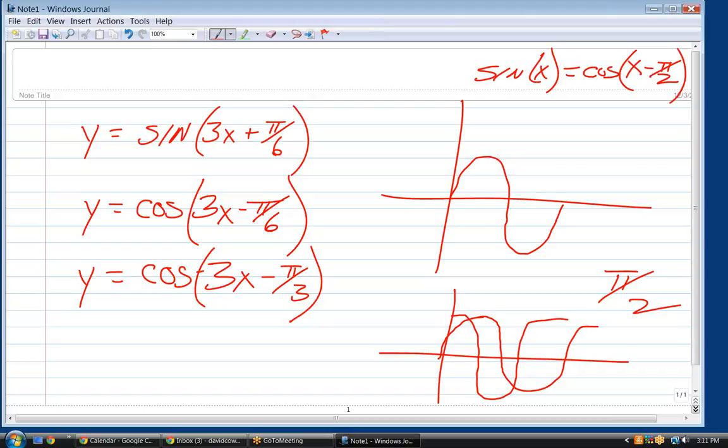Hold on a moment. Did I do that right? Yeah, it looks like I did. Okay. So which one of those functions is phase shifted by pi over 2? I think it's going to be the third and the first. Well, first of all, let's talk about phase shift.